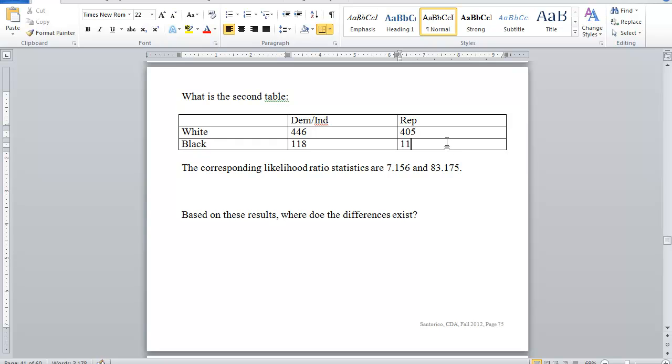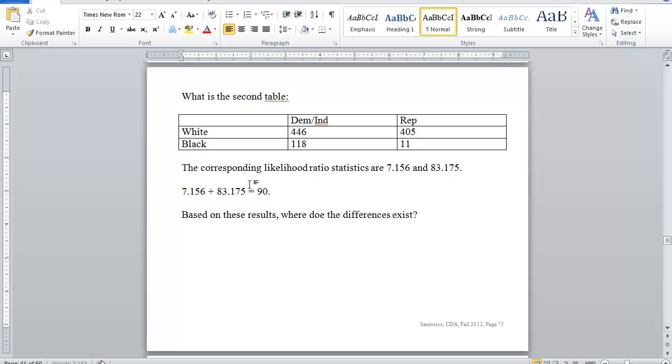So 405 and 11. What you can do then is take these two tables and compute a likelihood ratio test. That'd be good practice for your likelihood ratio statistics. The first table has a likelihood ratio value of 7.156 and the second 83.175. With this type of partitioning, you get independent chi-square tests, and they completely explain the full likelihood ratio test.